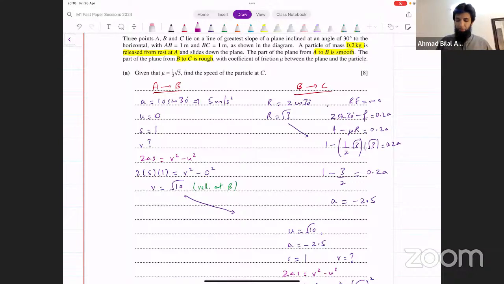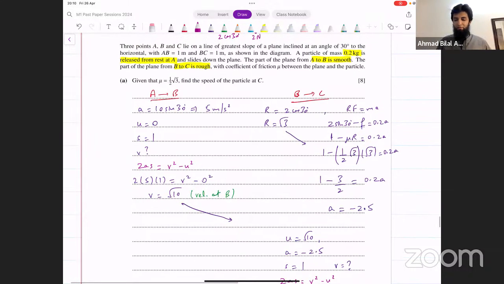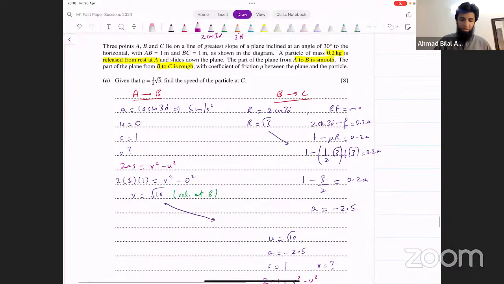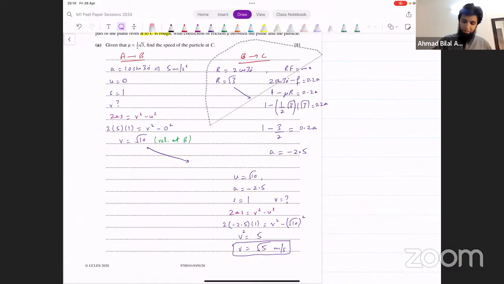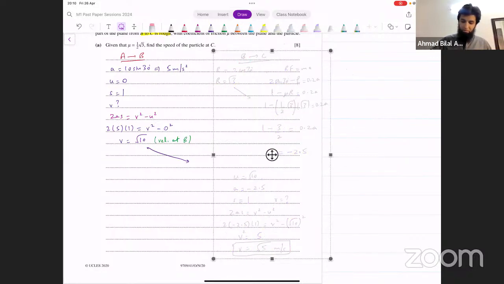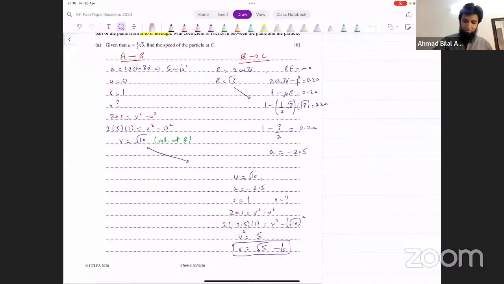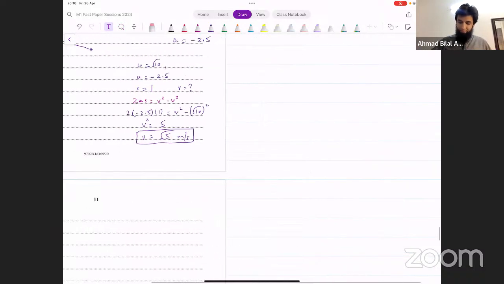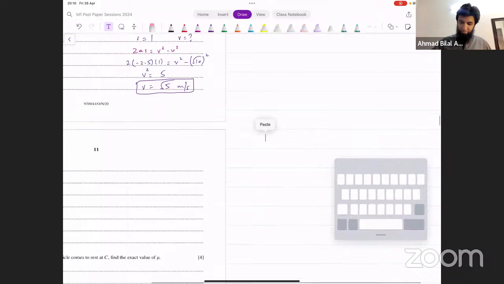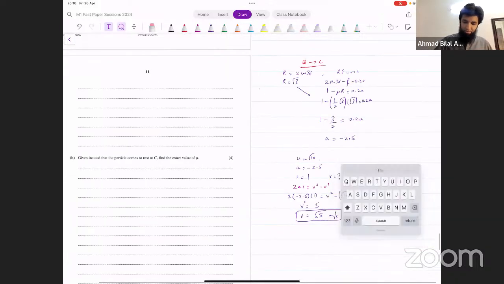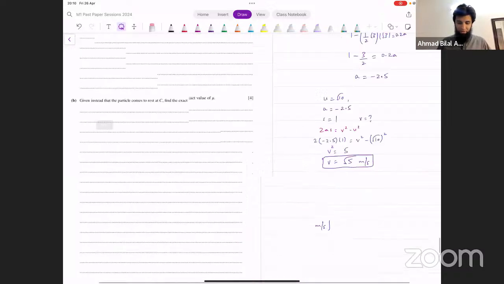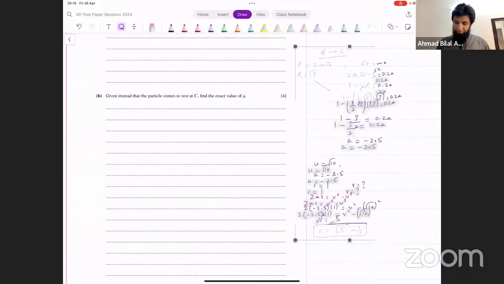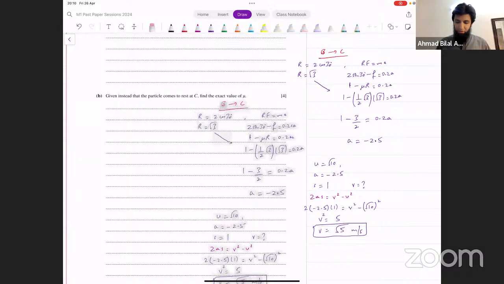Okay. And what is changing? We don't know what the value of mu now is. We can use almost the same working again. So this is what we knew about the B to C part.